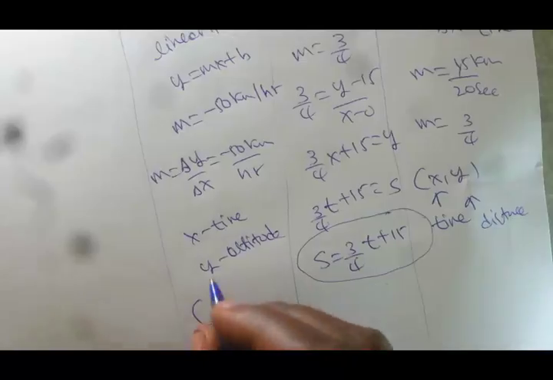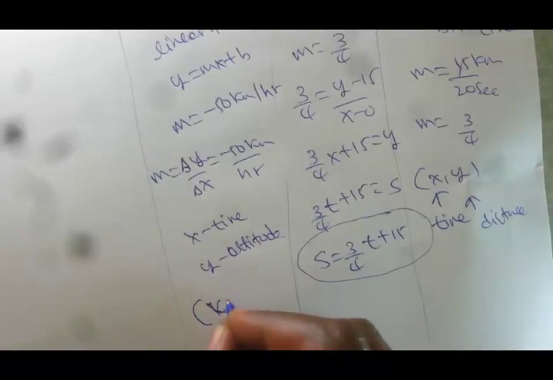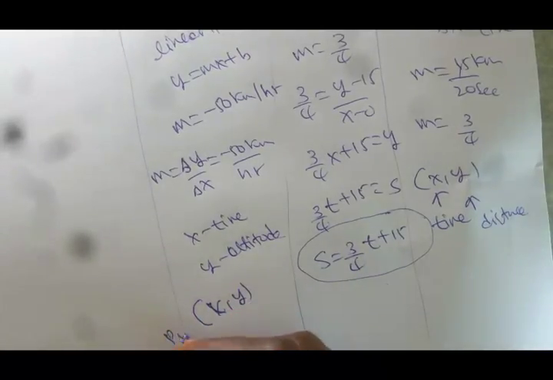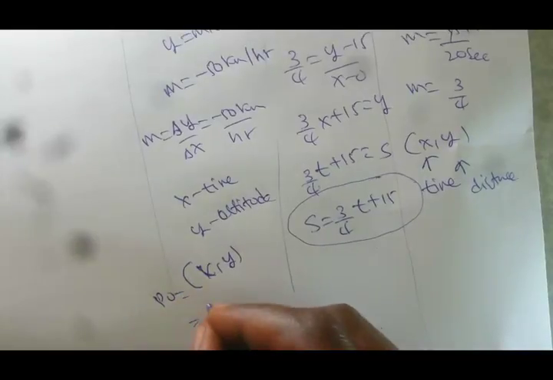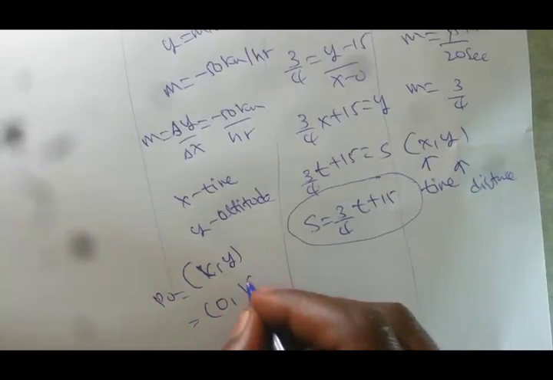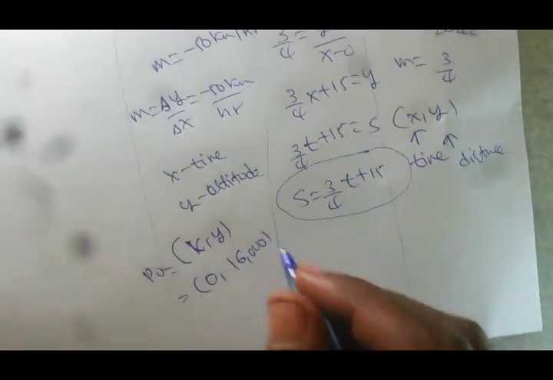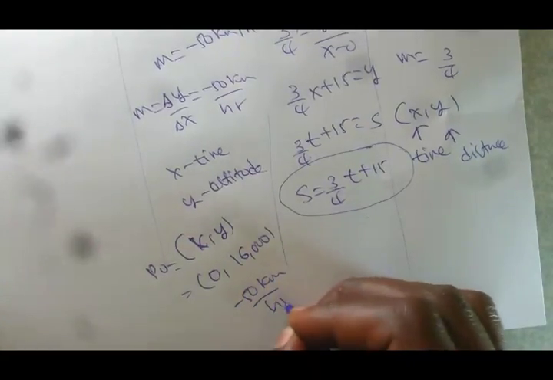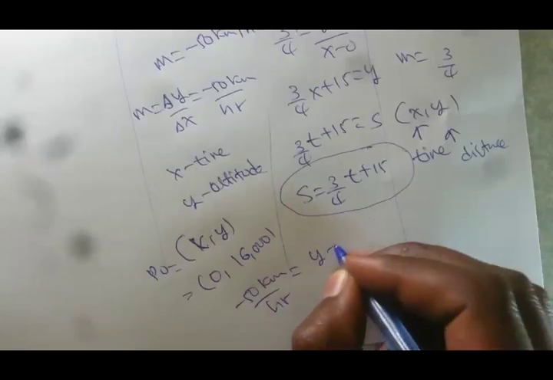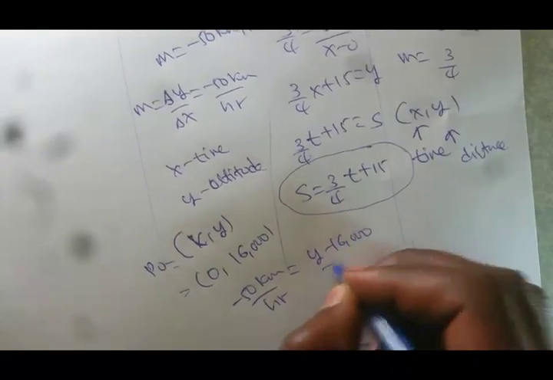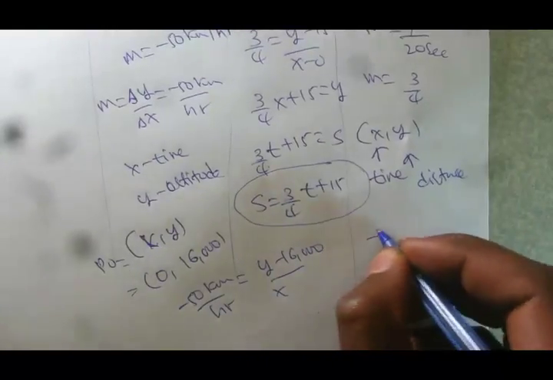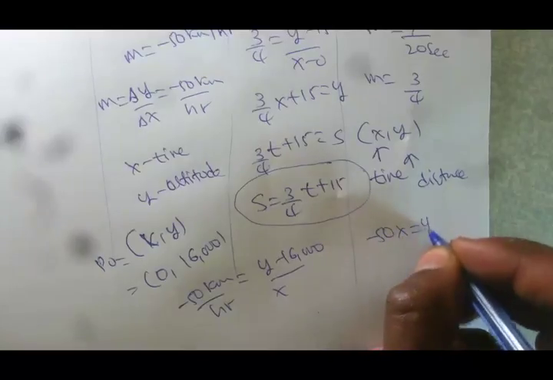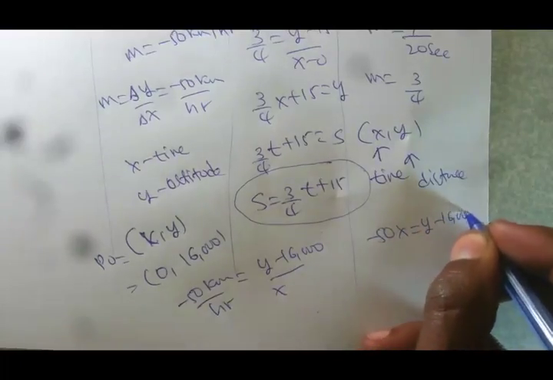Therefore, for the point P0, when the time was 0, it was 16000. Therefore, minus 15 km per hour is equal to y minus 16000 over x minus 0, so minus 15x is equal to y minus 16000.